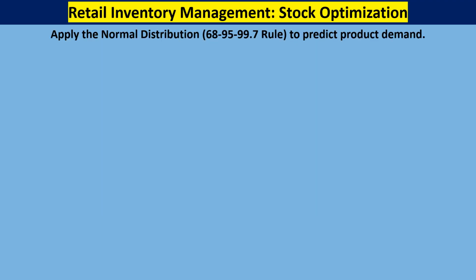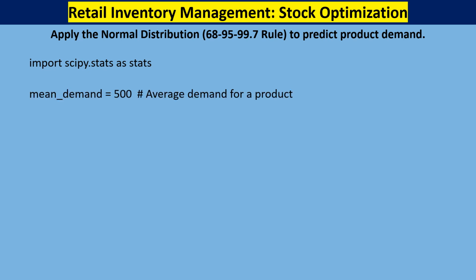Retail inventory management, stock optimization. Apply the normal distribution to predict product demand. So first we import SciPy for probability functions, and then define the average monthly demand and the standard deviation, the average demand of products and the standard deviation of demand.